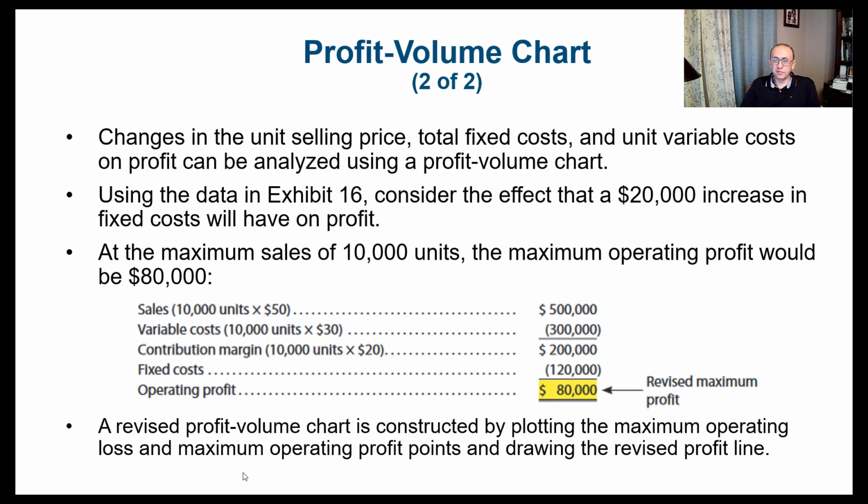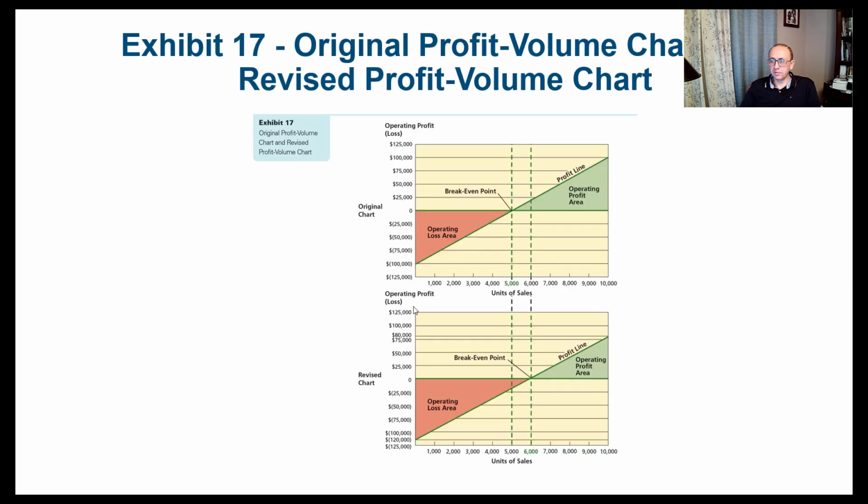So a revised profit volume chart is constructed by plotting the maximum operating loss and the maximum operating profit points and drawing the revised profit line. And here we can see that the revised profit line has shifted to the right. So our break-even point now is at 6,000 units. In order to break even, or in other words, to have a 0 profit, we have to produce more or sell more.